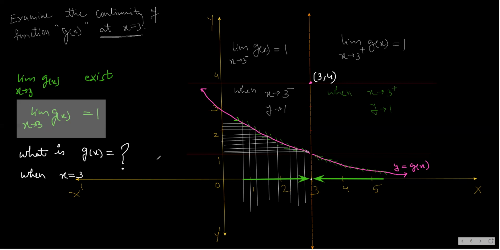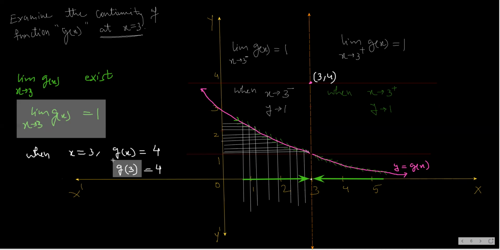So I will write my answer: when x equals 3, g of x is equal to 4. What does that mean? When x is 3, g of x is 4. It means g of 3 is equal to 4.